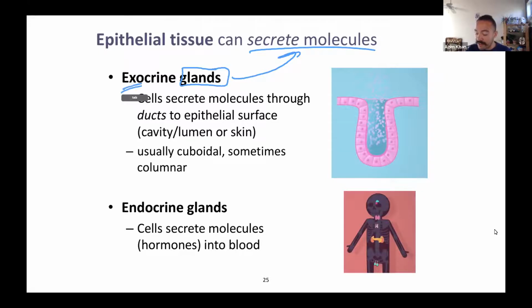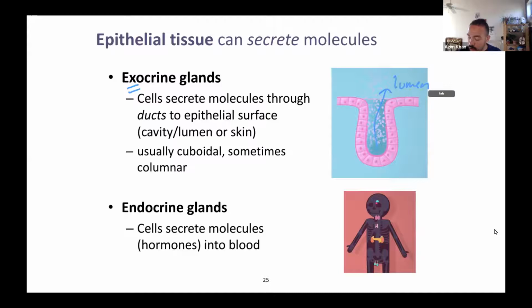There are exocrine glands and there are endocrine glands. Exocrine glands are glands that secrete to a lumen, to an outer lumen. When I say outer lumen, I mean either to the surface of your skin or a tract, like your digestive tract or respiratory tract or reproductive tract, into one of those spaces.